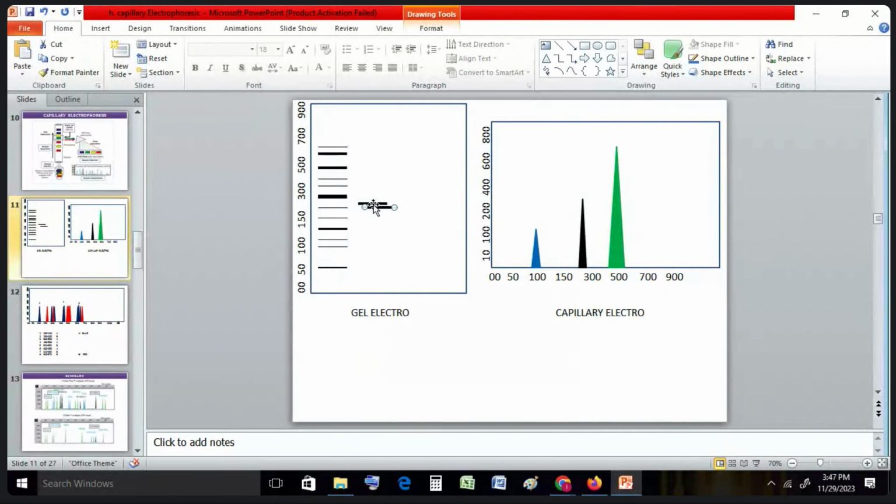2 bands. So for the 20-repeat-containing product, as I gave you the number for the length of the DNA, 300, and for the other one, the 15-repeat-containing product should be like 270. So these 2 bands will appear in the gel electrophoresis. Is that understandable?